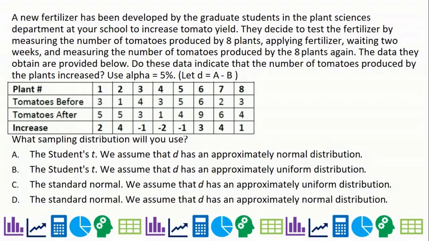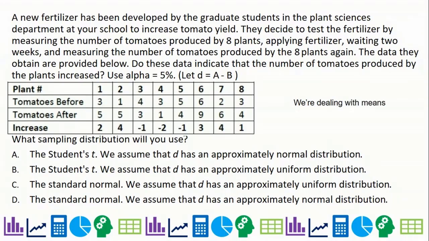Next question, what sampling distribution will you use? So again, this is something you need to remember. Are we dealing with proportions or are we dealing with means? With means or averages, guys? We're dealing with means.